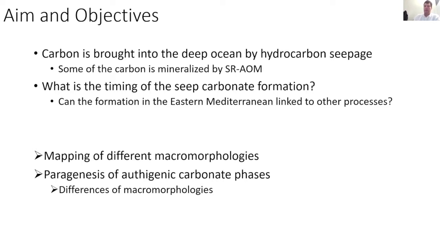In this study, we will be talking about the mapping of the different macromorphologies in the southeastern Mediterranean Sea, and also about the paragenesis of the authigenic carbonate phases and the difference between the macromorphologies that we can find.